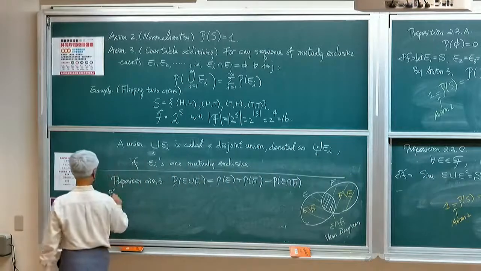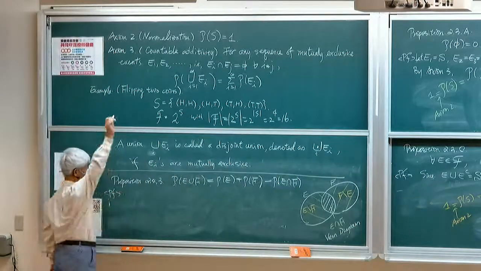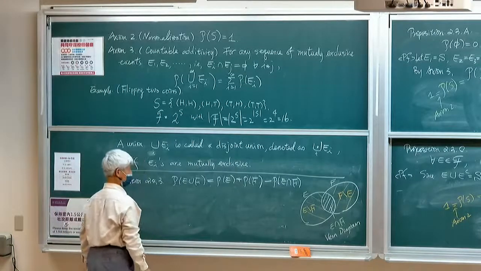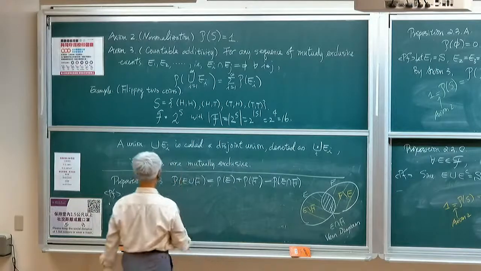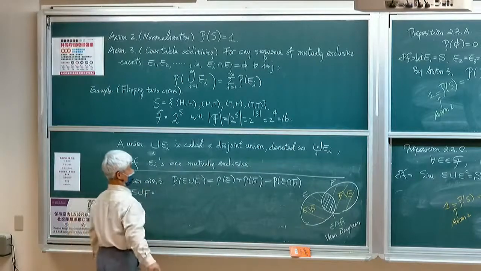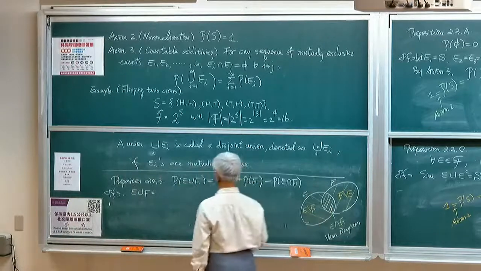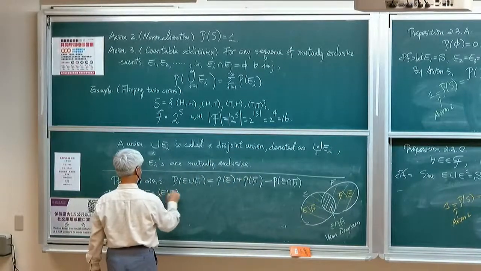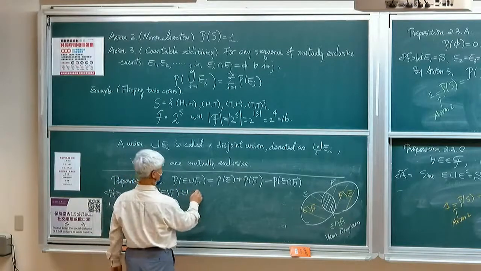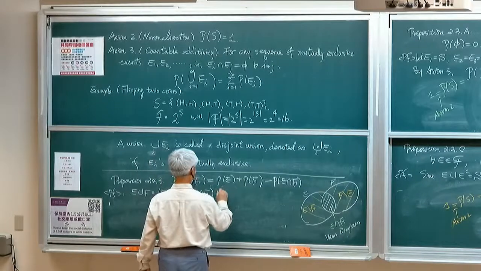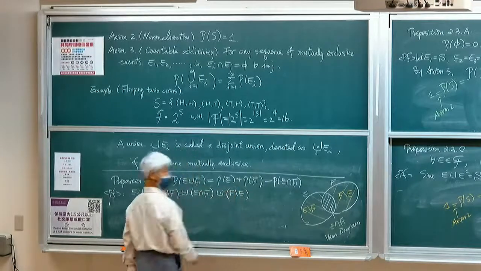Right, so proof. First of all, the union of E and F is the disjoint union of E minus F and E intersect F and F minus E, right?